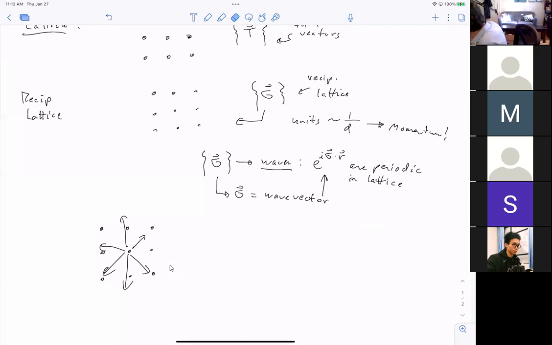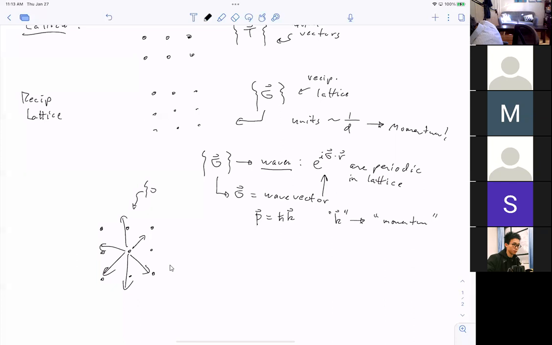Because if G is a wave vector, then remember, momentum is equal to h bar k. And so whenever someone talks about a wave vector k, we always think of it as momentum, right? So the reciprocal lattice is this set of momenta.